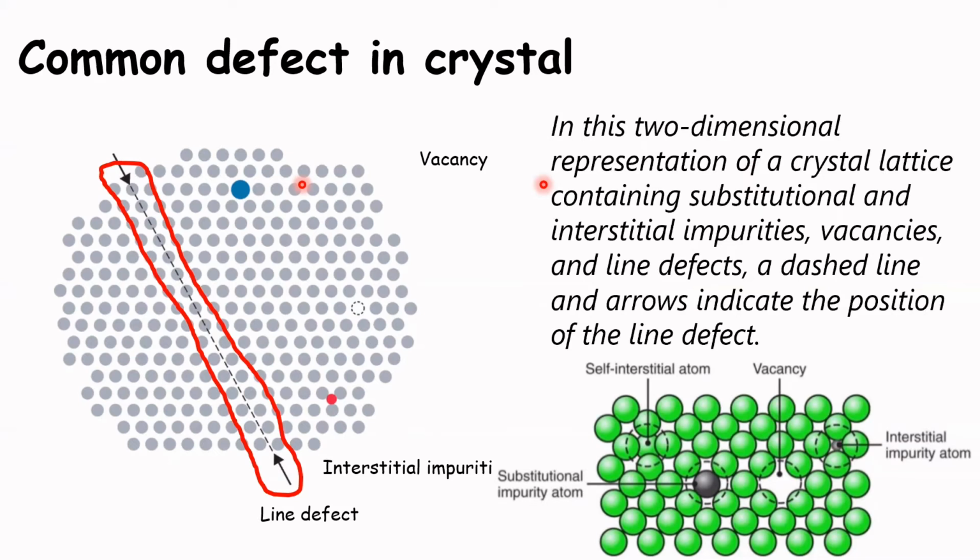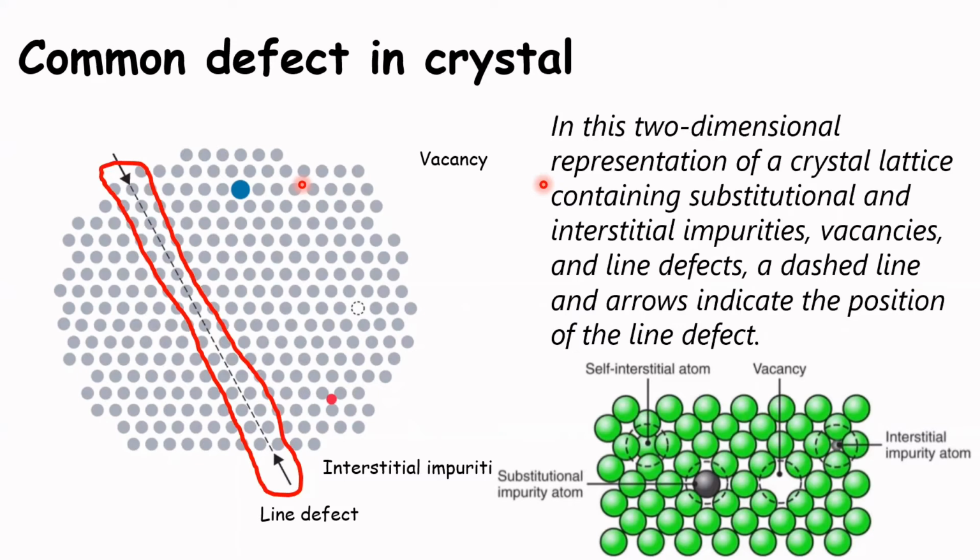Previously, I have mentioned that there are three basic classes of crystal defect. First, we have a point defect, which can be defined as a place where an atom is missing or irregularly placed in the lattice structure. Point defects include lattice vacancies, self-interstitial atoms, substitutional impurity atoms, and also interstitial impurity atoms.